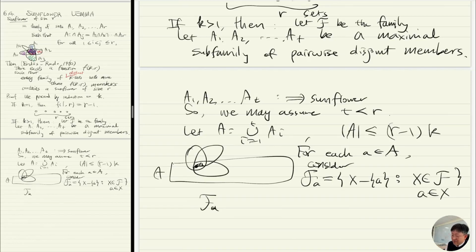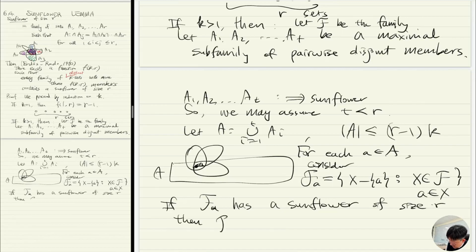Now if F_a has a sunflower of size r, then F has a sunflower of size r, simply by adding a back.